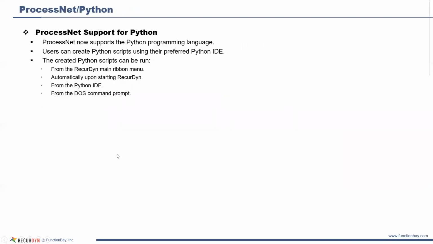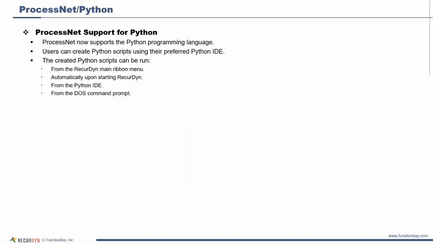The next enhancement is ProcessNet support for Python. We'll be going into this in a little bit more detail later, but just to briefly go over some of these benefits. Python is a scripting language that is now supported along with Visual C# and Visual Basic. Users can create Python scripts using their own Python IDE.